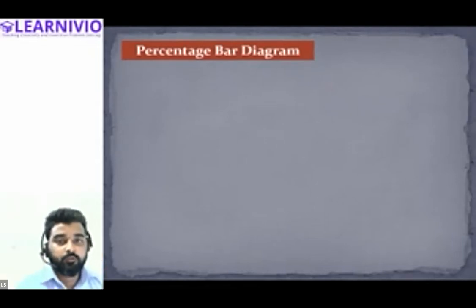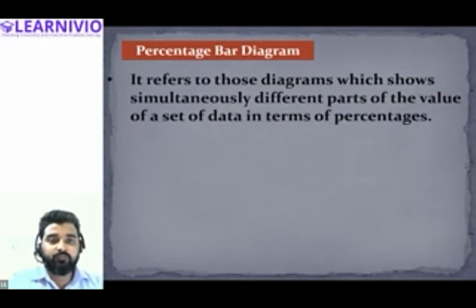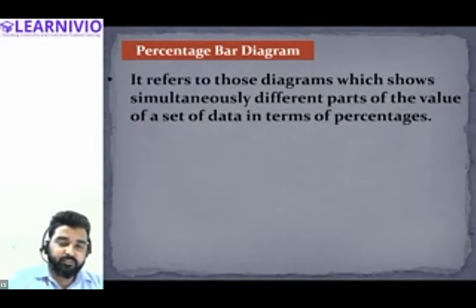Okay, so what is the percentage bar diagram? It refers to those diagrams which show simultaneously different parts of the values of a set of data in terms of percentage. The only difference between the percentage bar diagram and the subdivided bar diagram is that in that case, we present the data in the form of numbers. This time we will present the data in the form of percentage. The percentage bar diagram looks exactly like the subdivided bar diagram because we make the bars one over the other.